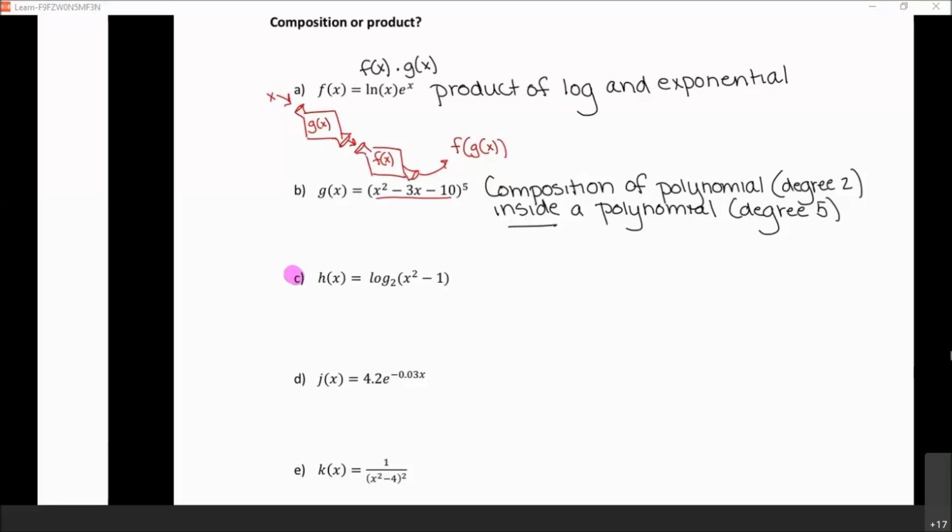Okay, got a couple. Good. You're all getting the composition versus product right, which is excellent. Most calculus classes don't do as well as you are. So it's a composition of, what's the inner function? The first one to get x.